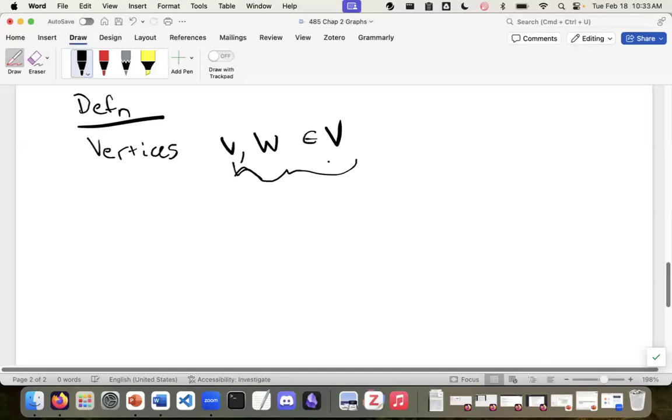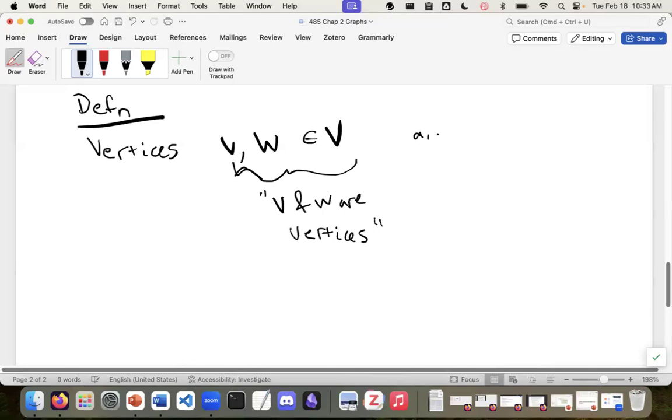Remember when we talked about this symbol for sets, which says that something is in a set? Vertices is a set, and so this means that V and W are in the set of vertices. So that's how we read that little bit of notation.